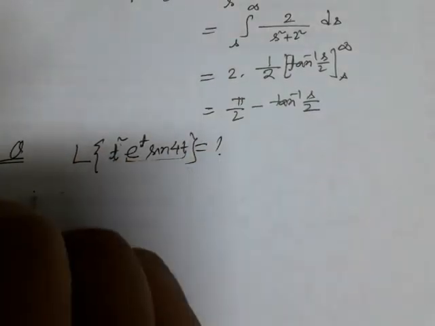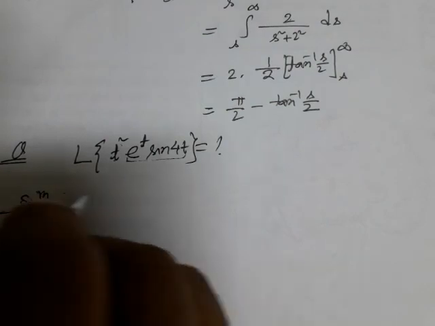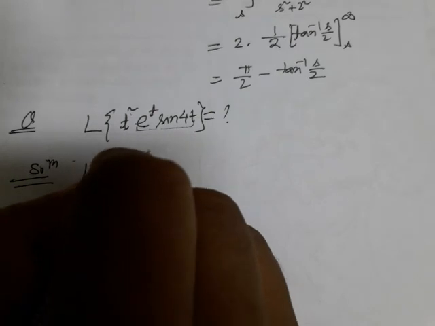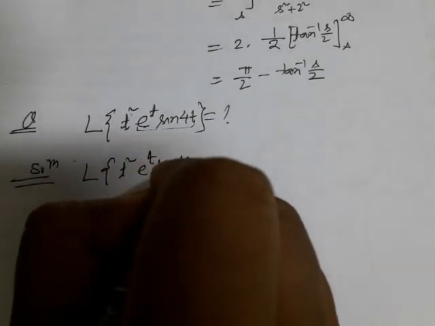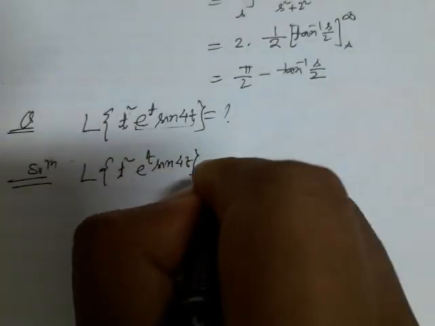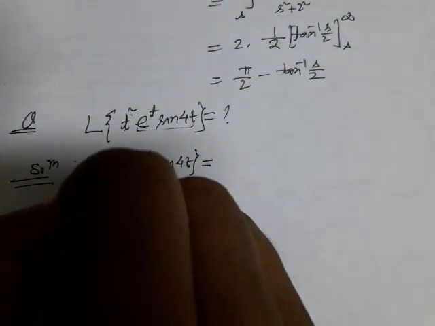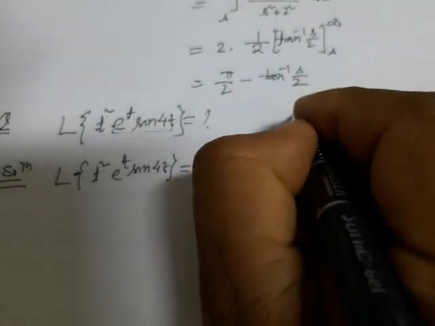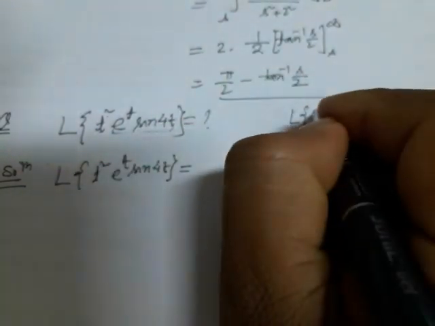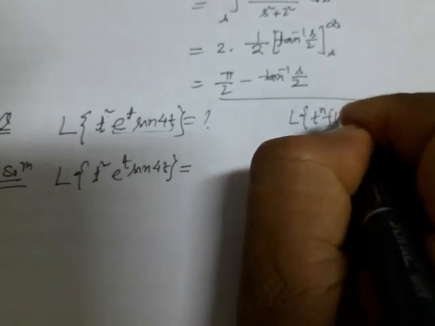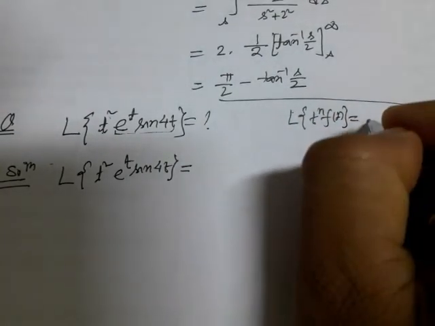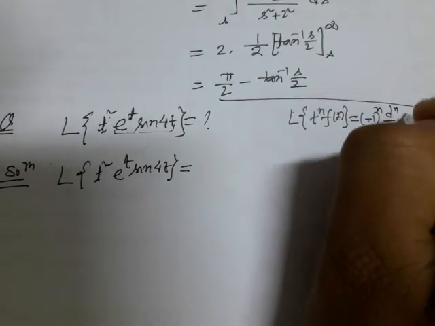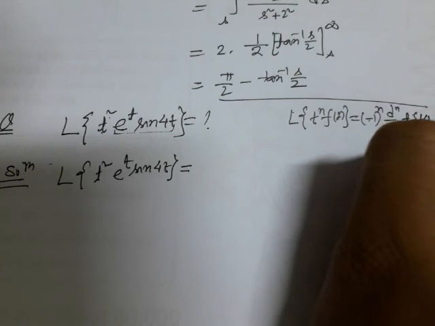Okay, so multiplication by t, what it will give? Solution. L of t square e to the power t sine of 4t equal to, so this is 2. Okay, the formula, so let me write here the formula for multiplication by t: L of t to the power n f of t equal to minus 1 to the power n d n ds n L of f of t.